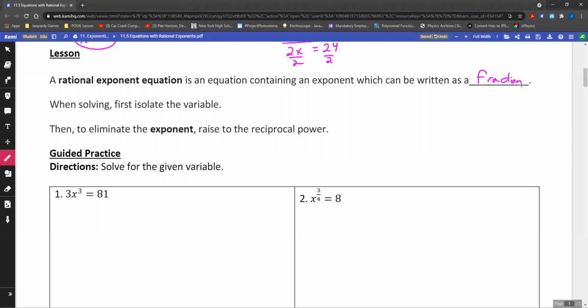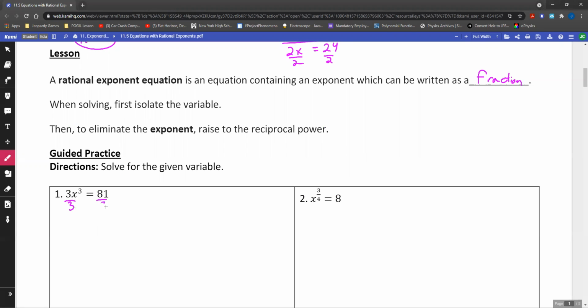So what we're going to do here, we have 3x to the third equals 81. Like with everything, we want to get rid of all the terms by the x that aren't already being raised to some power.